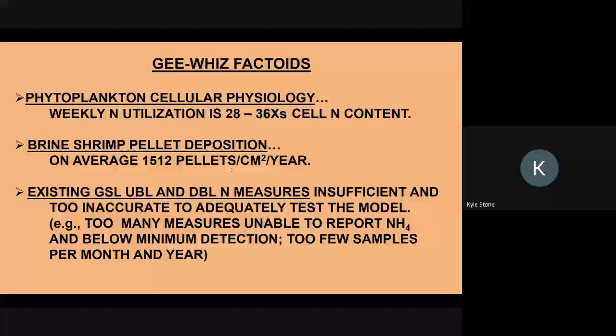That doesn't help in trying to test the model versus what's going on. And to be honest, we have too few samples per month and year to be able to look at the model's predictions and do detailed testing.